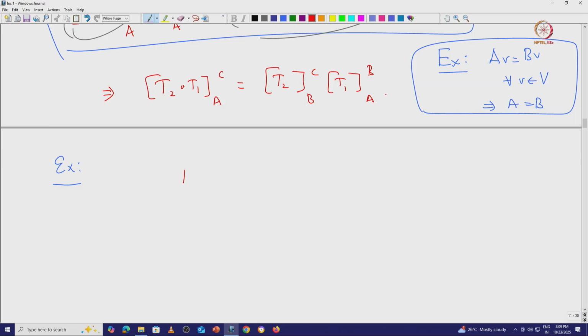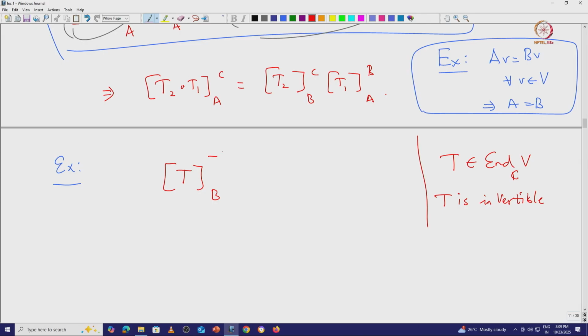So, take the matrix representation of this T, let us say T is an endomorphism of V, and assume that T is an invertible operator. That means T is an element of GL(V).